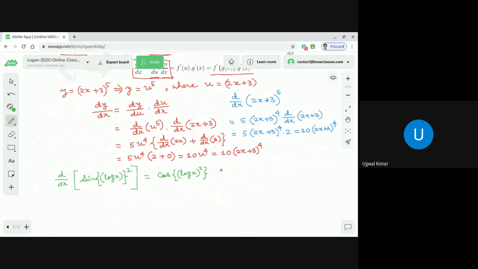Now into d/dx of (log x) power 2. Are you getting my point? You can assume that (log x) whole square is a function of u. Then you do the same thing, d/dx of u.